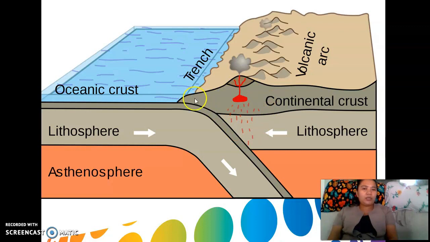The interaction between the two plates creates intensive friction, the friction releases heat, the heat melts the rock and leads to the formation of magma. The magma is lighter than the surrounding rock, so it goes up and forms volcanoes. Lines of volcanoes are also known as a volcanic arc, parallel to the trench.